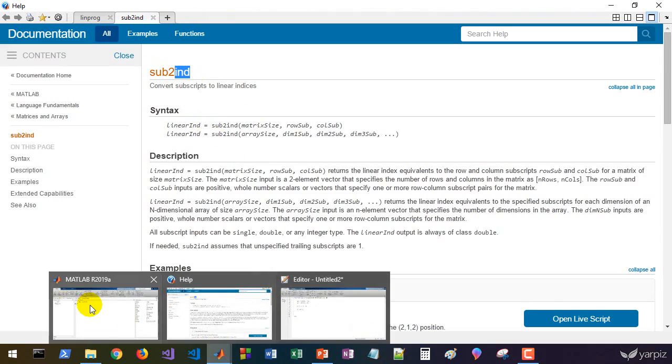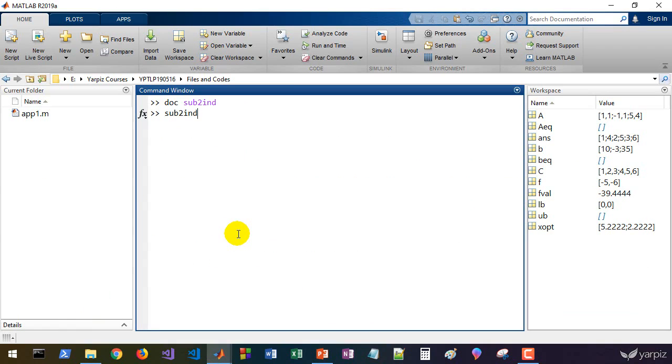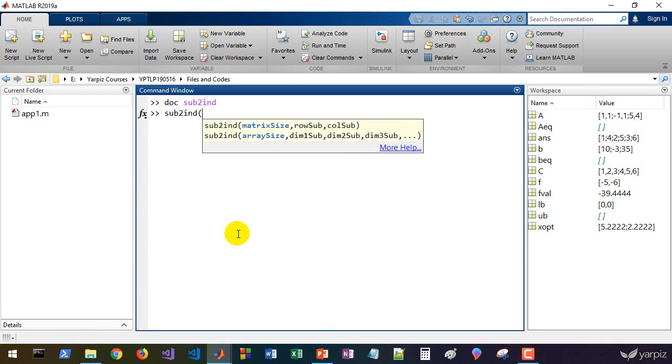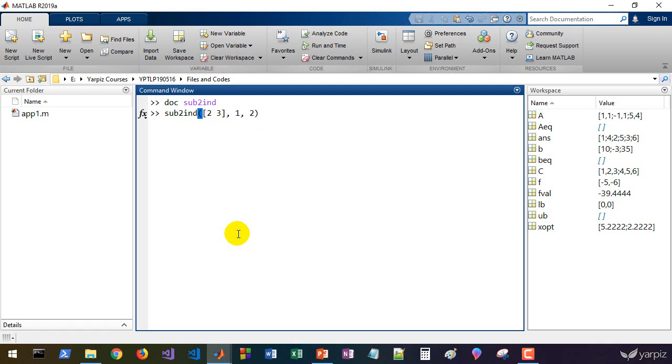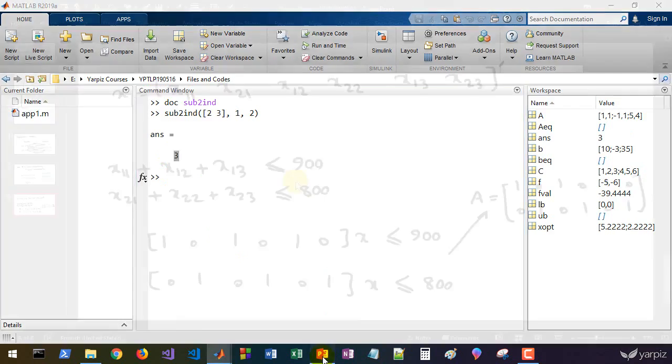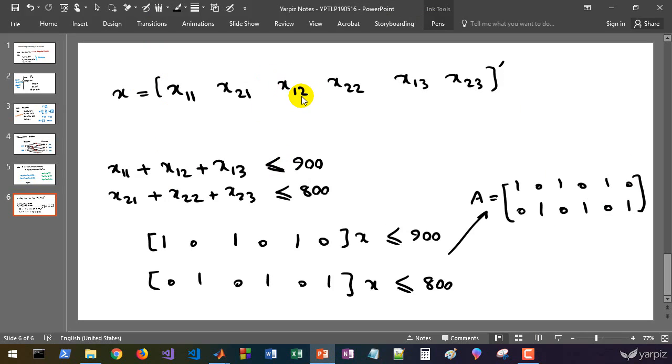For example, sub2ind accepts the size of the matrix, 2 rows and 3 columns, row sub and column sub. We'd like to find the position of first provider to second consumer, the position of variable x12, and it says that it is the third one, and you see that it is the third.